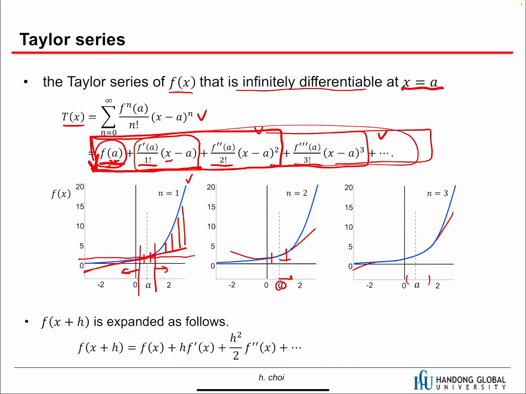Okay, so when the function is really complicated, we're going to use Taylor series, especially focusing on the first couple of terms. Many times we are going to use the first two terms or three terms. So that is the important thing.